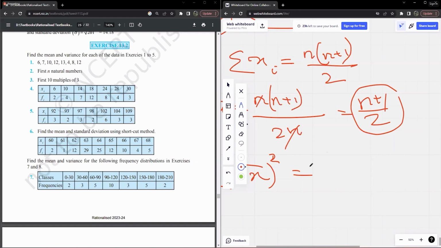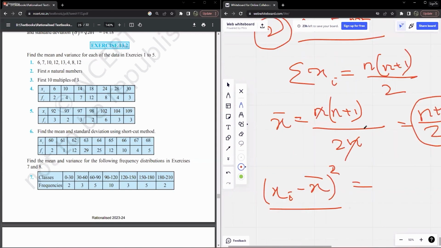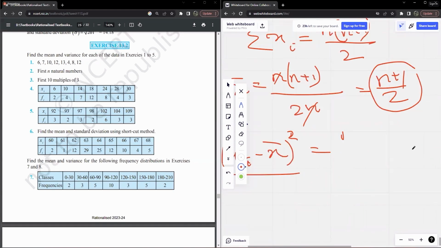For which what you will do is that instead of finding this out, you use the alternative formula for the variance, right? Because this is going to give us values like n minus 1 by 2 the whole square plus n minus 3 by 2 the whole square, which is pretty hard to resolve, right? Plus blah blah blah. Instead of this, you use the alternative formula for the variance, right?